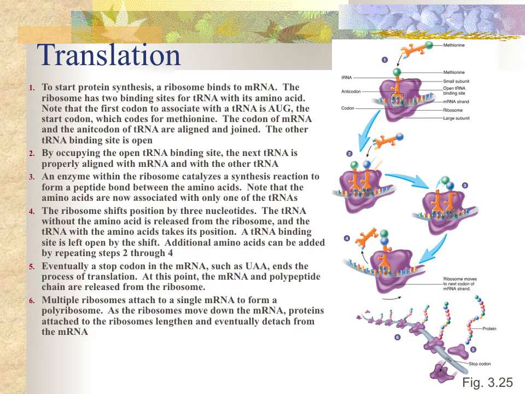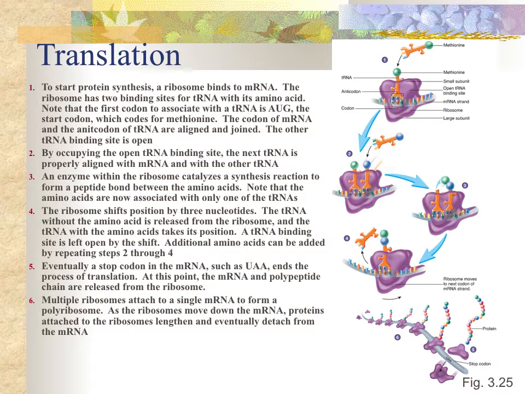So a sequence in DNA becomes a sequence in RNA. In translation, that sequence of RNA nucleotides travels out to the cytoplasm and becomes associated with a ribosome. The ribosome attaches to the messenger RNA, and the sequence of bases on the messenger RNA has what are called codons, three-base sequences that can be read when the messenger RNA is in the ribosome.